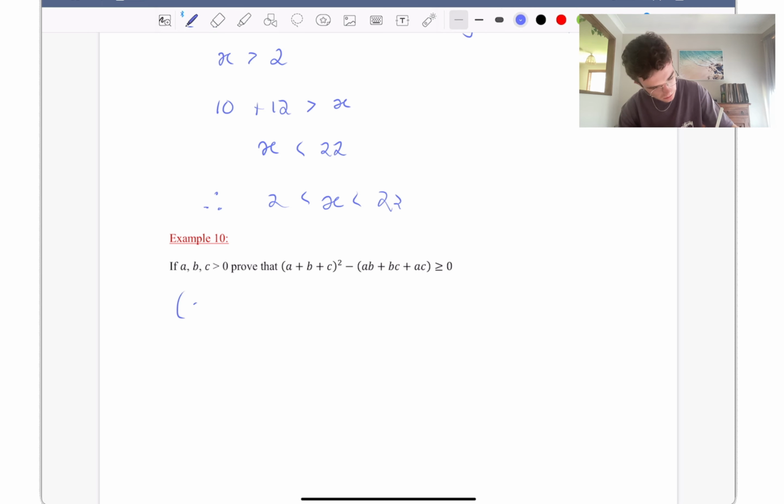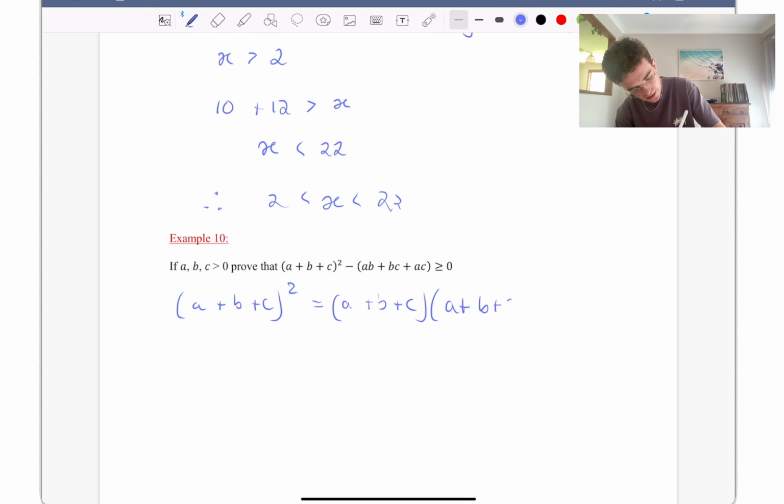So we've got a plus b plus c squared, which is equal to a plus b plus c times a plus b plus c, which is a squared plus ab plus ac plus ab plus b squared plus bc plus ca plus cb plus c squared.